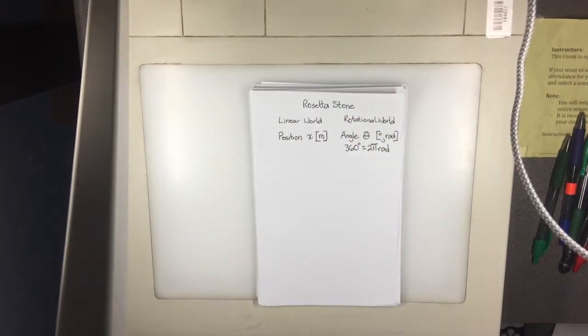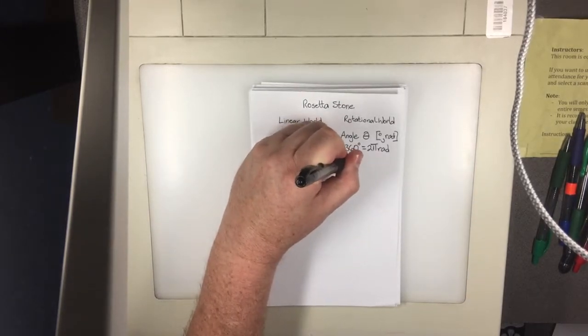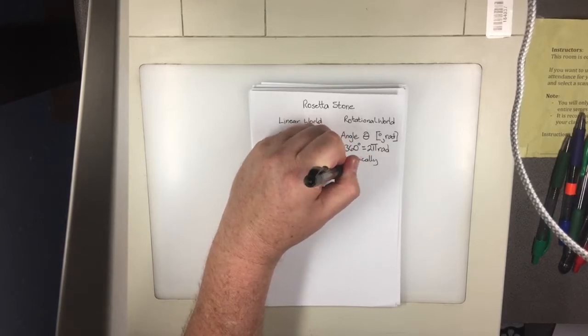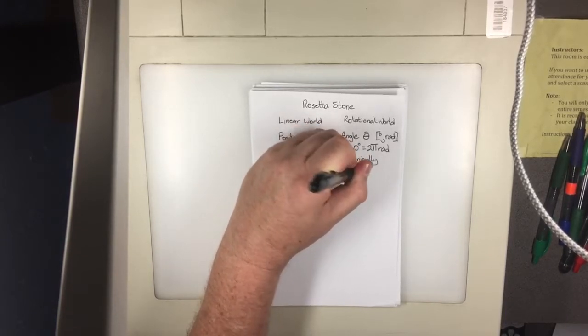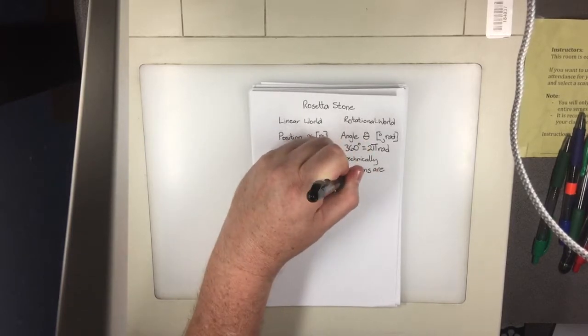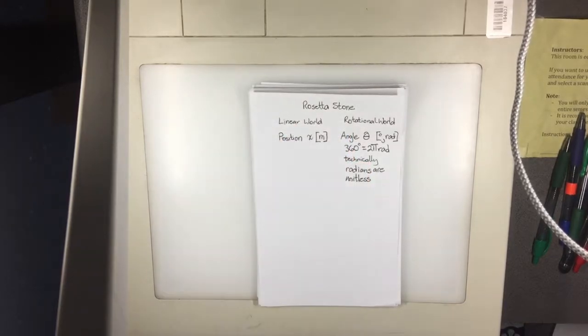Now, I do write out radians, but technically radians are unitless. What I've found is that students, when it comes to angles, do prefer to have a unit of some kind.